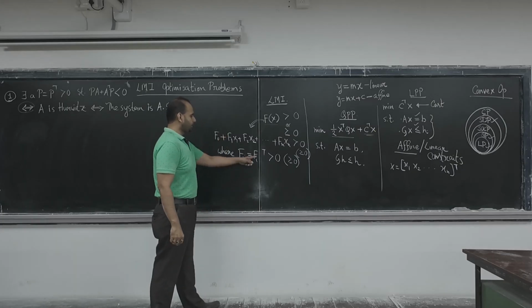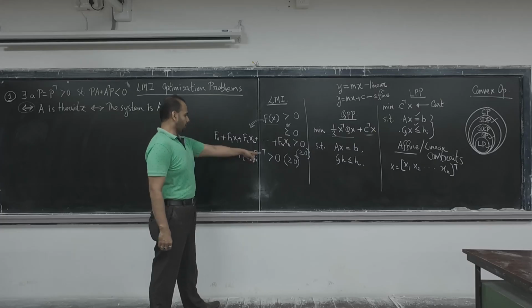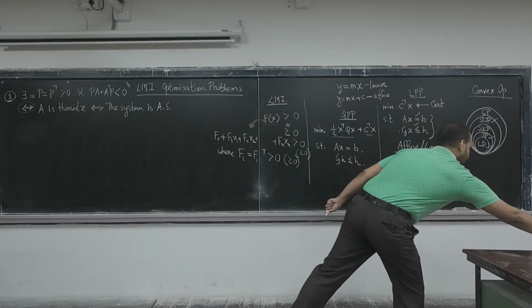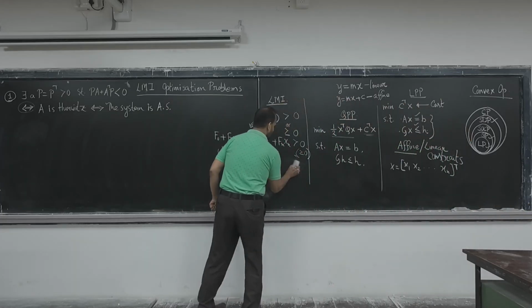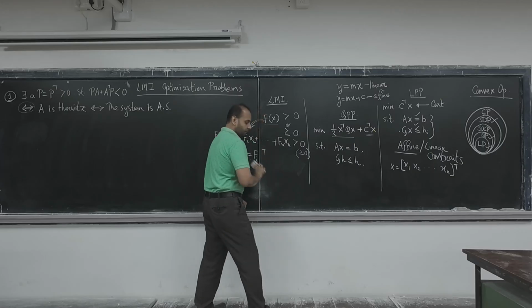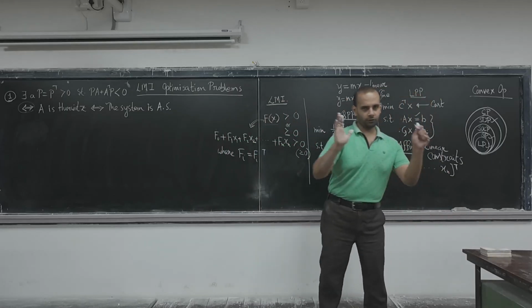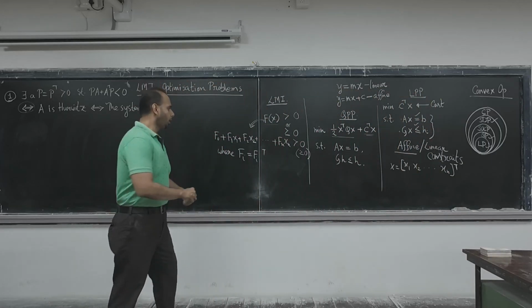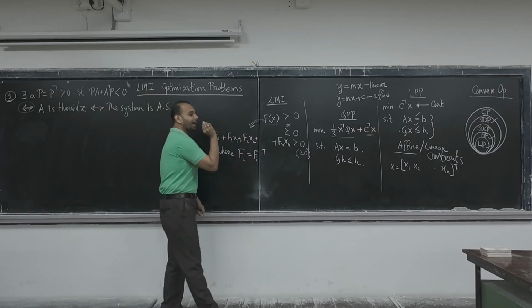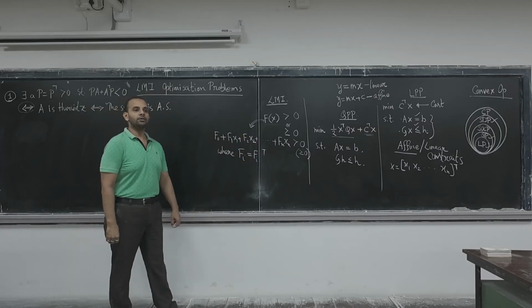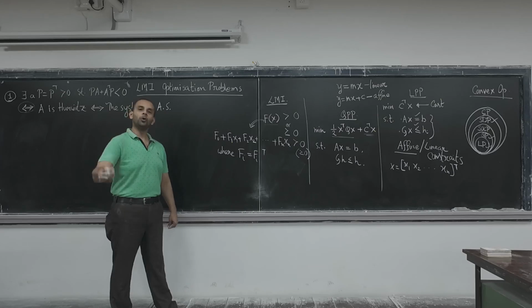Here I am removing this constraint, because this may not always hold. Of course for some particular problems it will hold, but this symmetry property has to hold. Why? Because otherwise the definiteness would not be maintained.